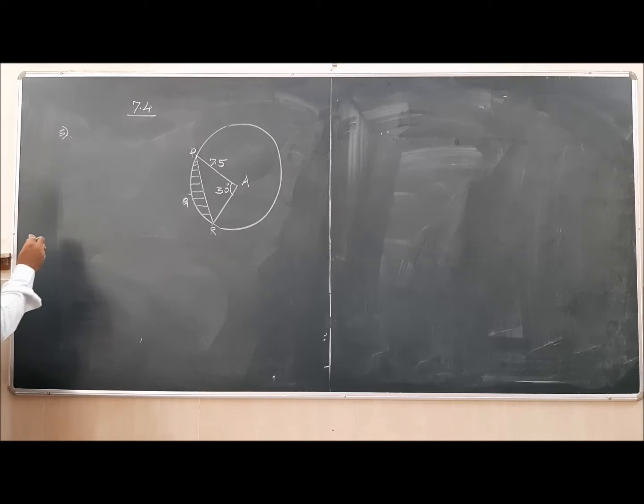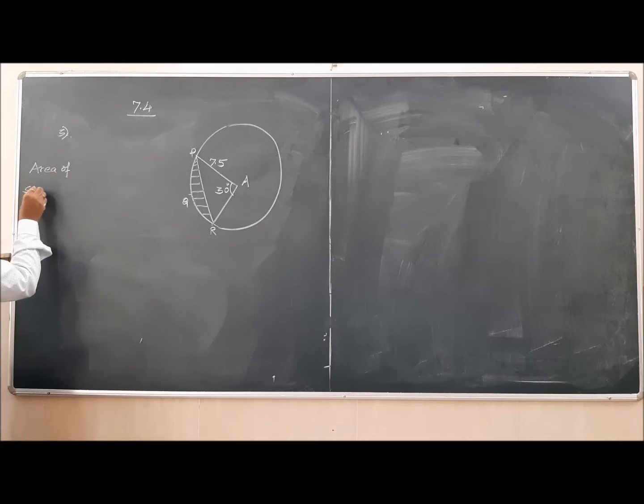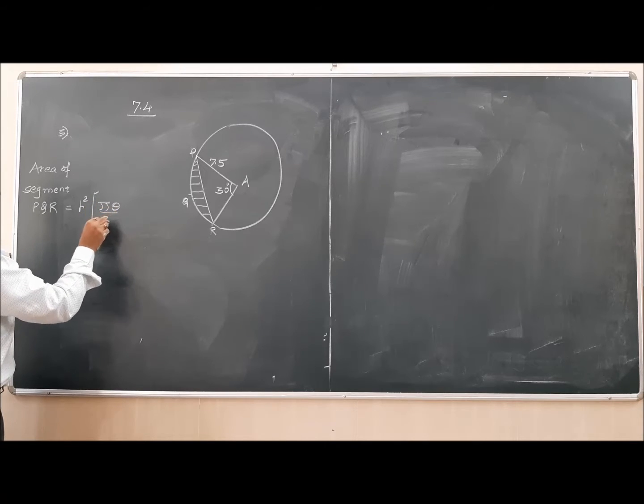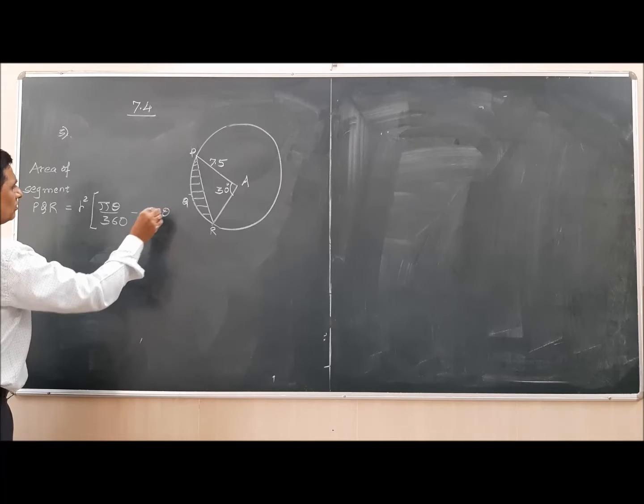So here you will find area of segment PQR is equal to R square into bracket pi theta upon 360 minus sin theta upon 2.